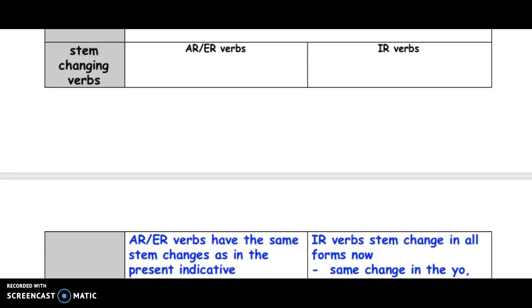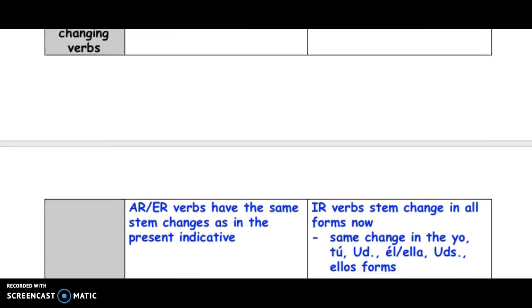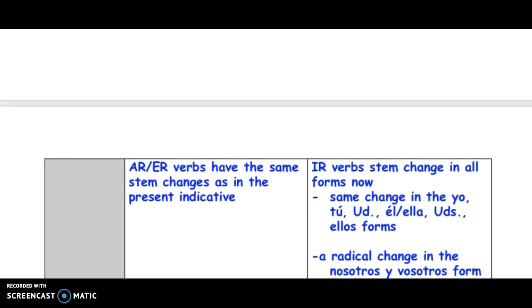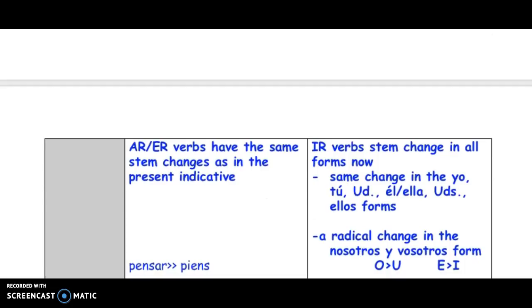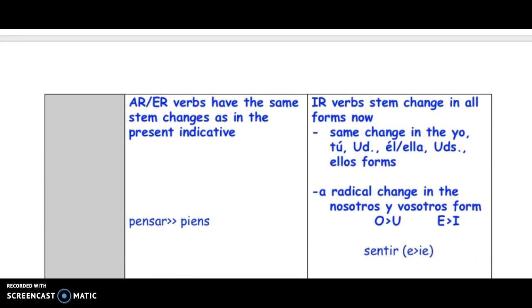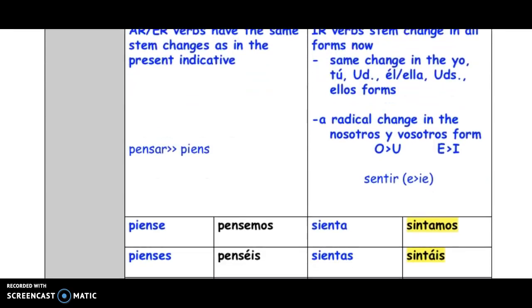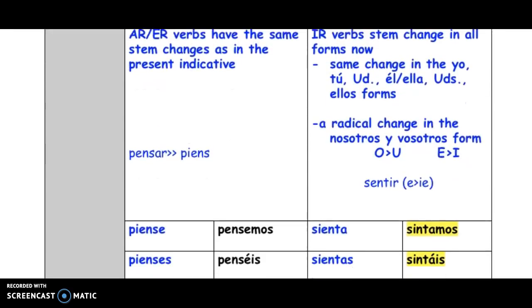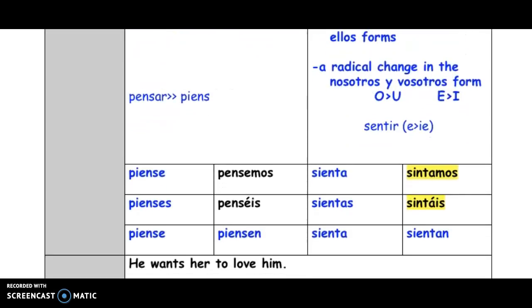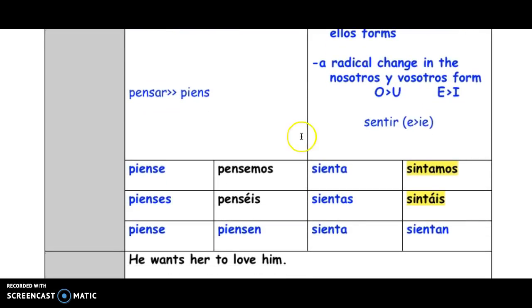Then there are stem changing verbs. AR and ER verbs have the same stem changes as in the present indicative. Remember, the present indicative is just what you know to be normal up till now, right? What you've been used to, the o, as, a, amos, an. So with the verb pensar, the stem change was an E to IE stem change in the boot shape.